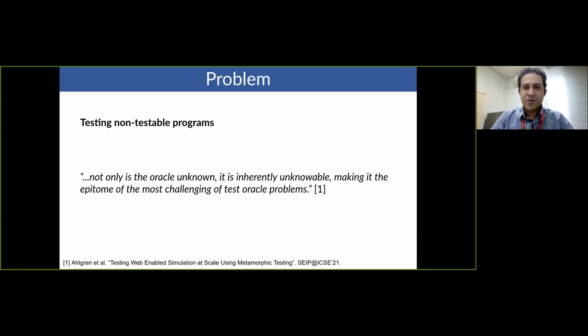When testing systems for which an oracle is unknowable, the traditional meaning of test, as presented in the previous slide, is lost, as you cannot always decide whether a test passes or fails. For such systems, we need to reason in different terms. In this work, we reason in terms of plausibility testing.